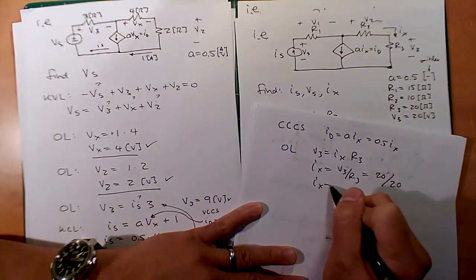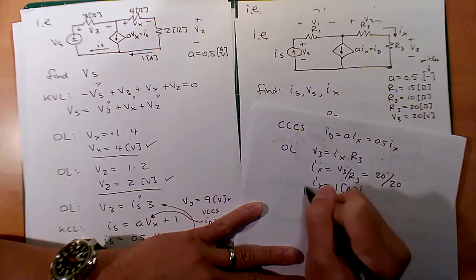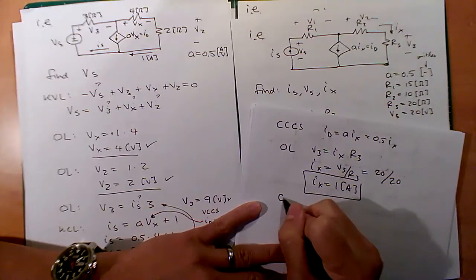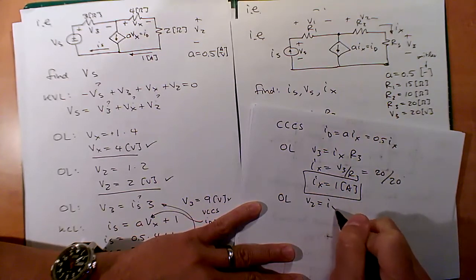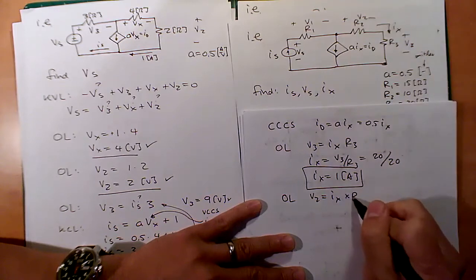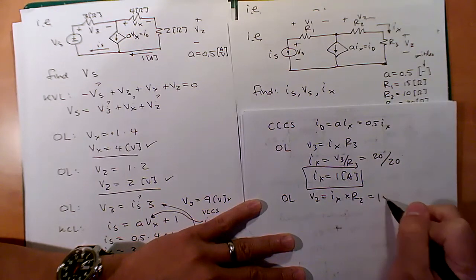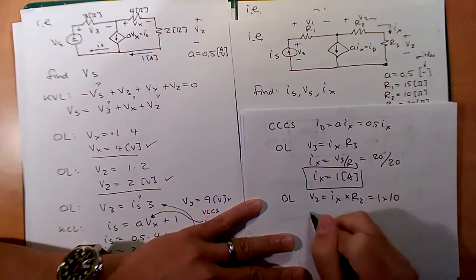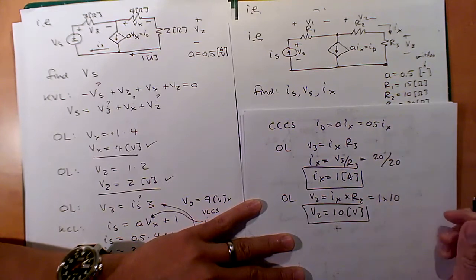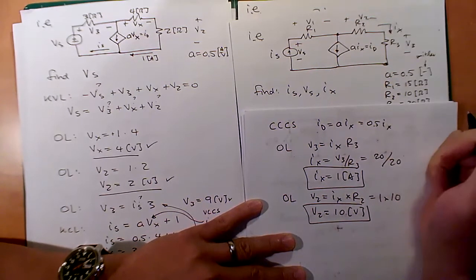So Ix is equal to 1 amp. Good, so that's done. Okay, we go to our V2, Ohm's law. V2 is equal to Ix times R2. So it's equal to 1 times R2, which is 10. So V2 is equal to 10 volts. Nice, that's done.